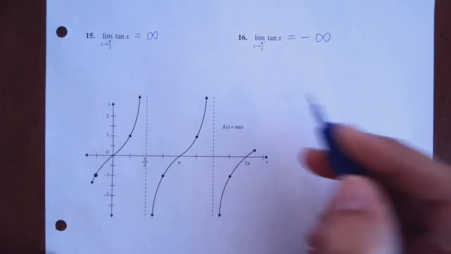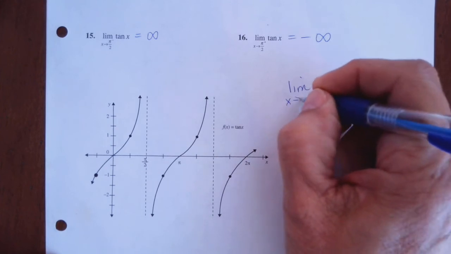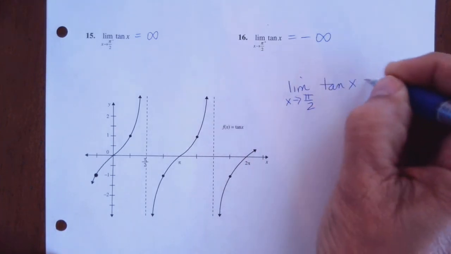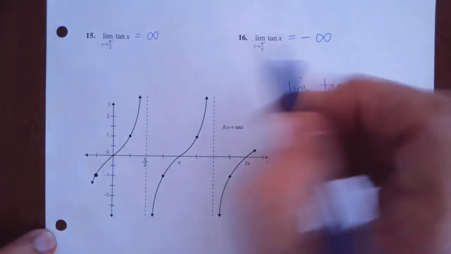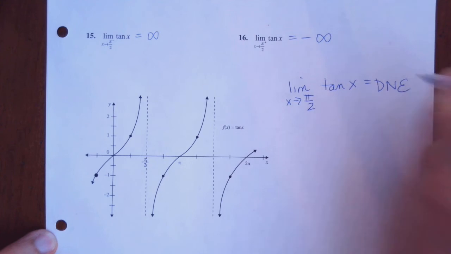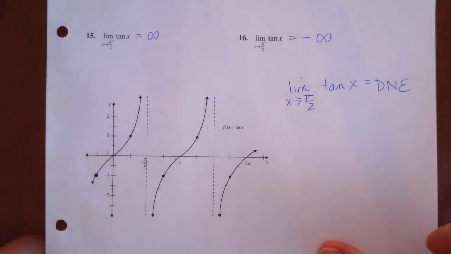Okay, we didn't ask you the final question, which is what is the limit as x goes to pi over 2 of tangent of x? But if I asked you that now, hopefully you would tell me that this does not exist, right? Because the two sides are not going to the same thing. Okay, so just graphically looking at that, that is what we would get.